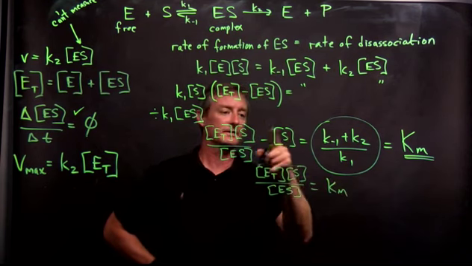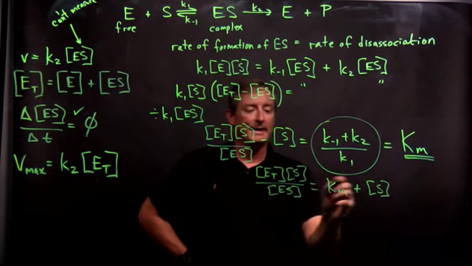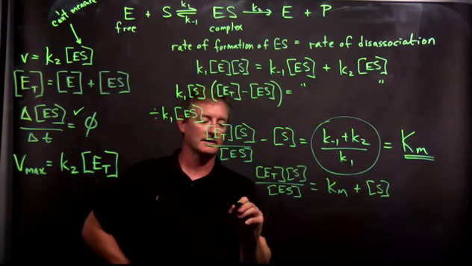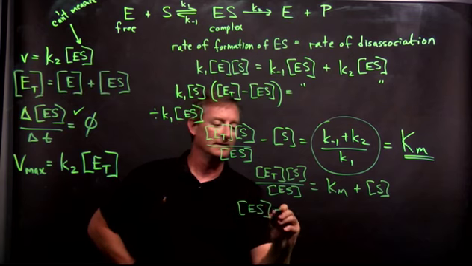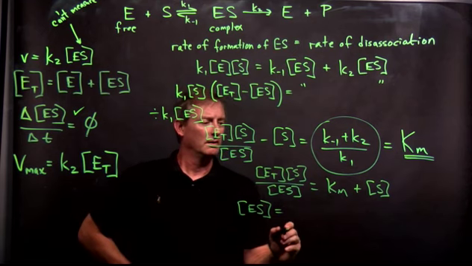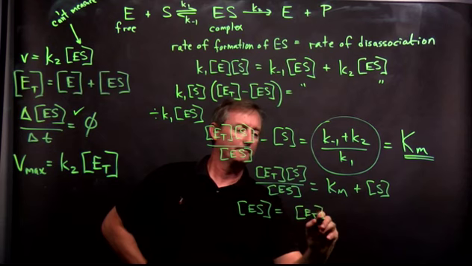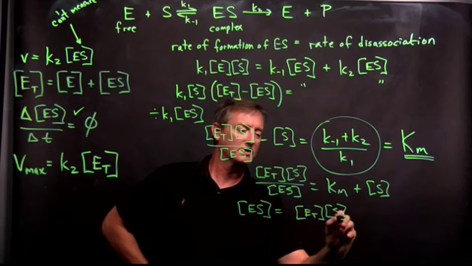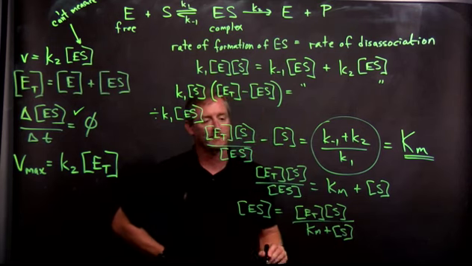And then I'll move this substrate over to the other side, plus concentration of substrate. Now, if I try to get enzyme substrate complex by itself, it's pretty easy, right? It's going to be equal to what? Concentration of total enzyme times concentration of substrate over Km plus concentration of substrate.